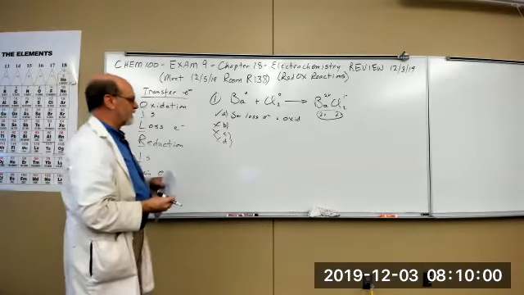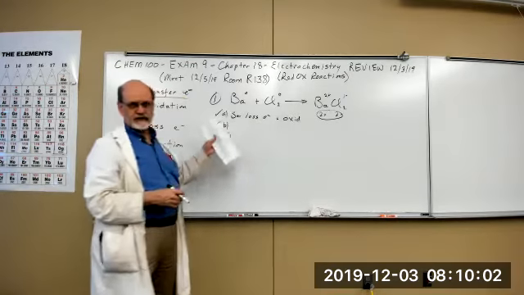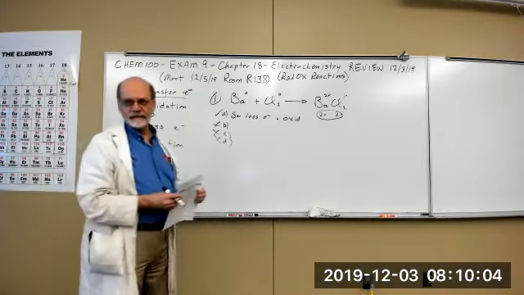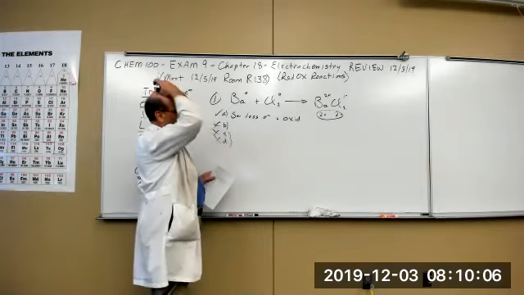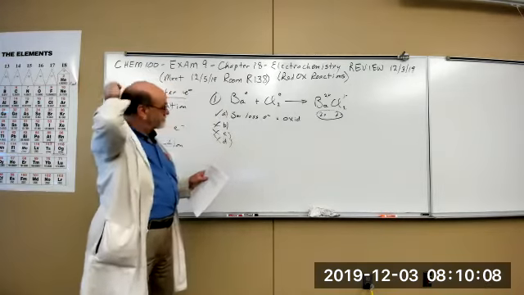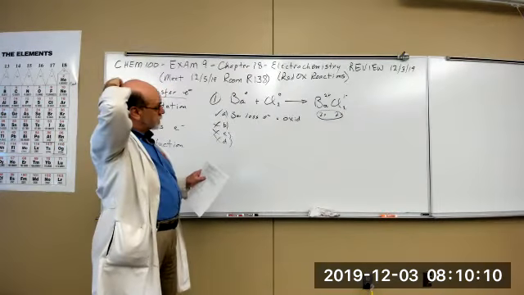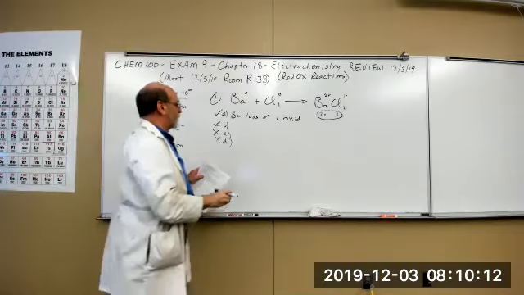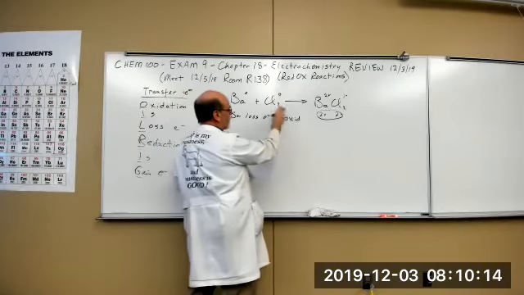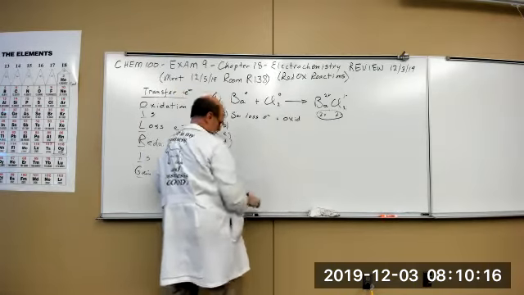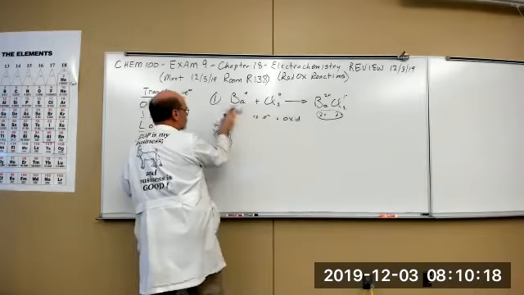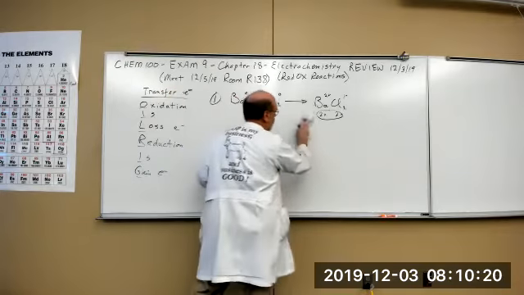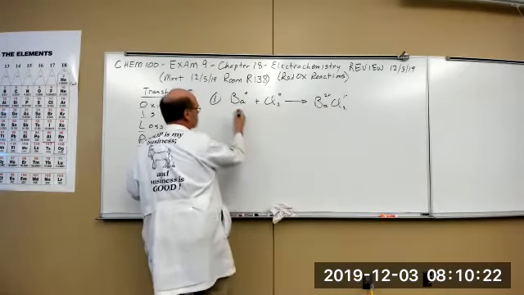So what else is happening? Let's just take this as an opportunity to hash out various terminology for oxidation reduction reactions. What else is happening? Well, chlorine is gaining electrons. And one of the ways that I like to keep track is to say this.